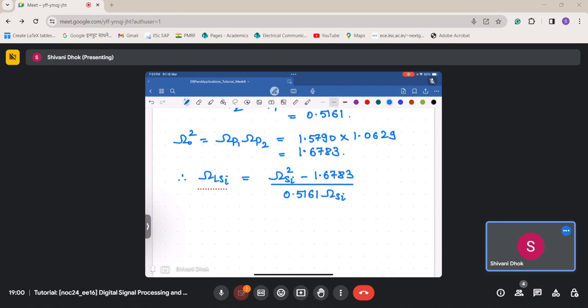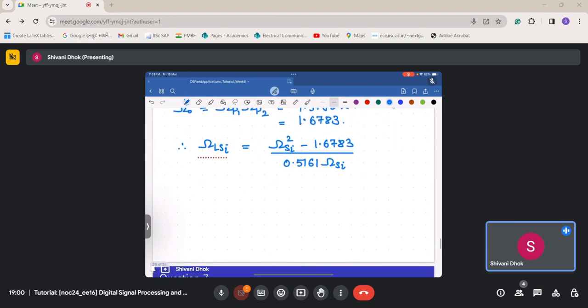Okay, this we have. So using this formula, let us first find out omega ls1, which is equal to omega s1 square minus 1.6783 divided by 0.5161 omega s1.